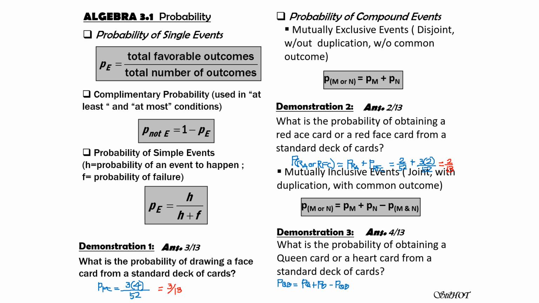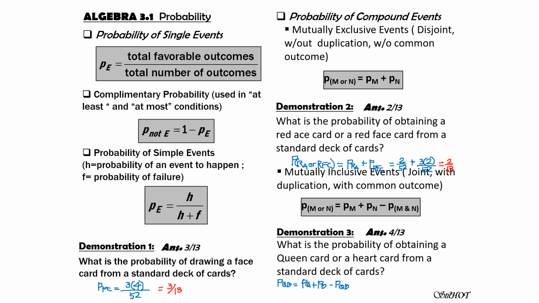Then there will be 12 heart cards left because we do not include the queen heart card. Then you just put 12 over 52.